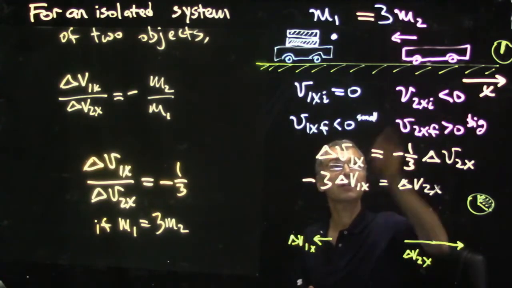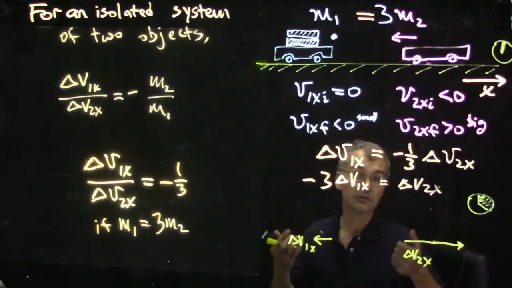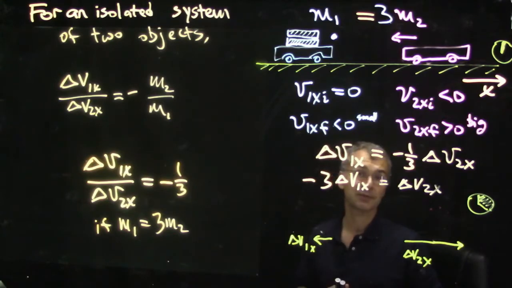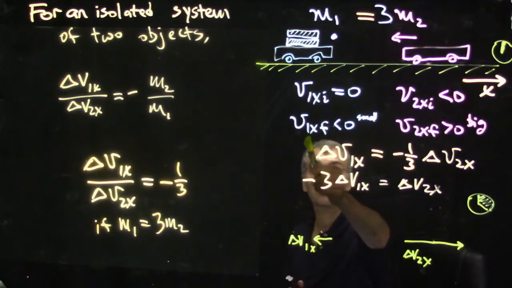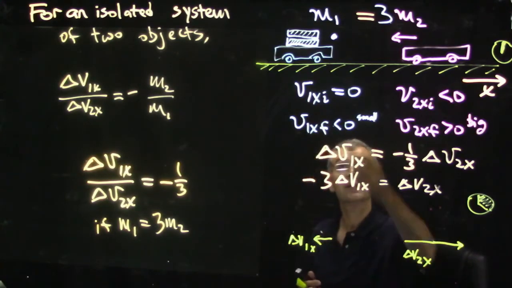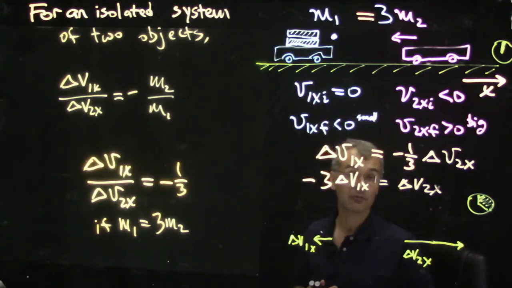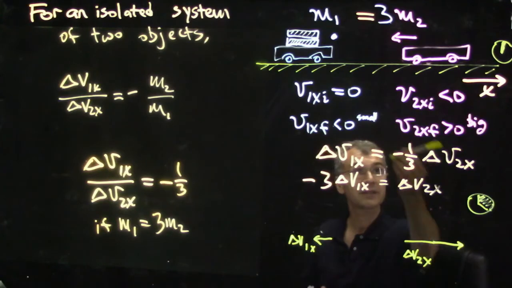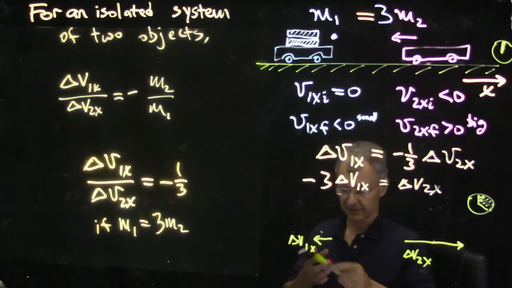We're going to see the little car recoil from the truck, but the truck will also recoil a little bit, because it's pretty massive. So V1x final will be to the left, so that's negative, but small. And then we'll see V2x final will be to the right, but big.